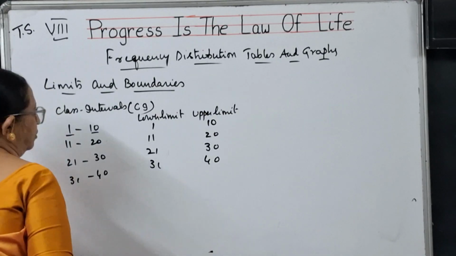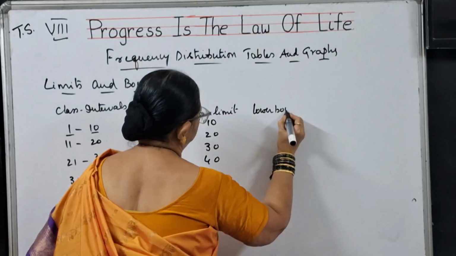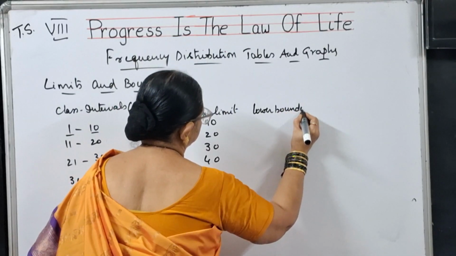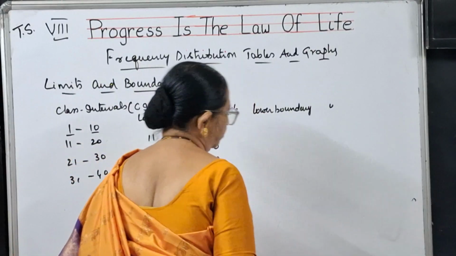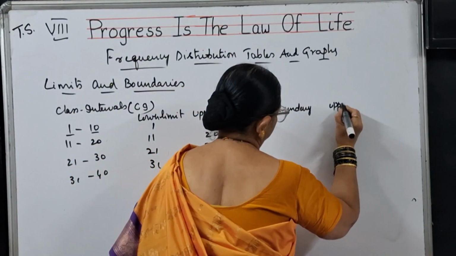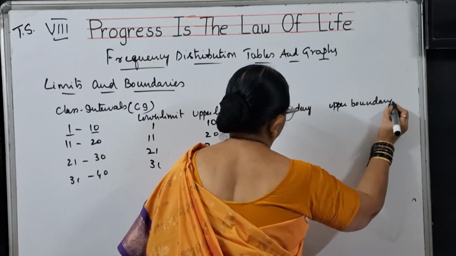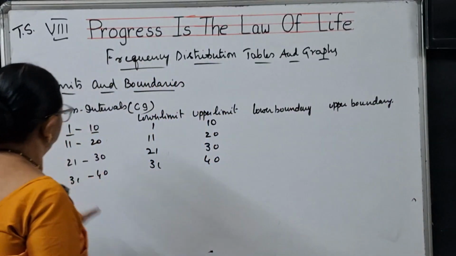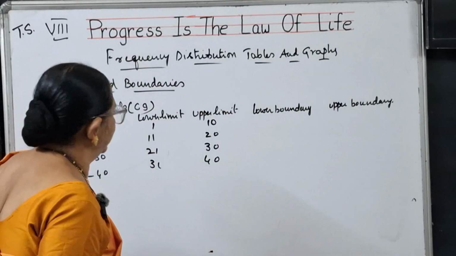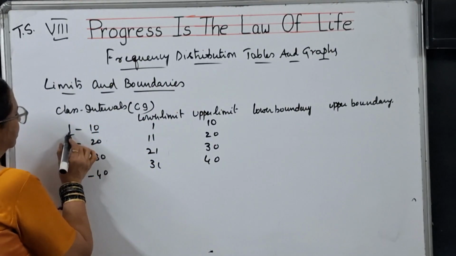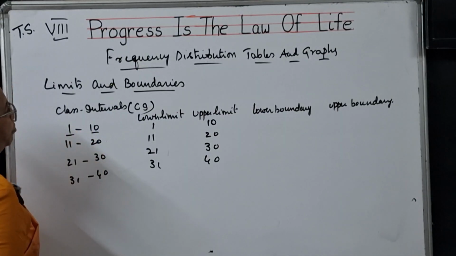Apart from this, you have lower boundary and upper boundary. Now, to find the lower boundary and upper boundary, the easiest way I will tell you, children: subtract 0.5 from the lower limit, add 0.5 to the upper limit.